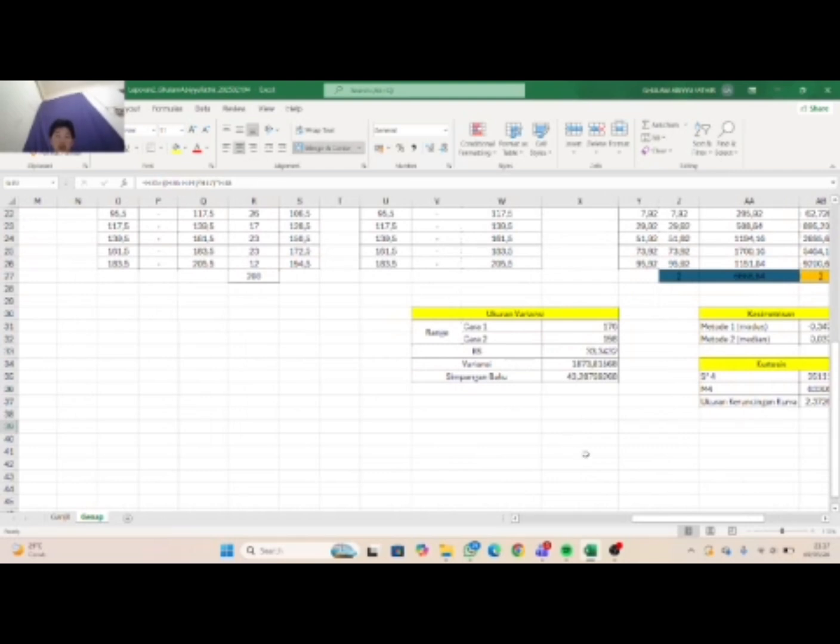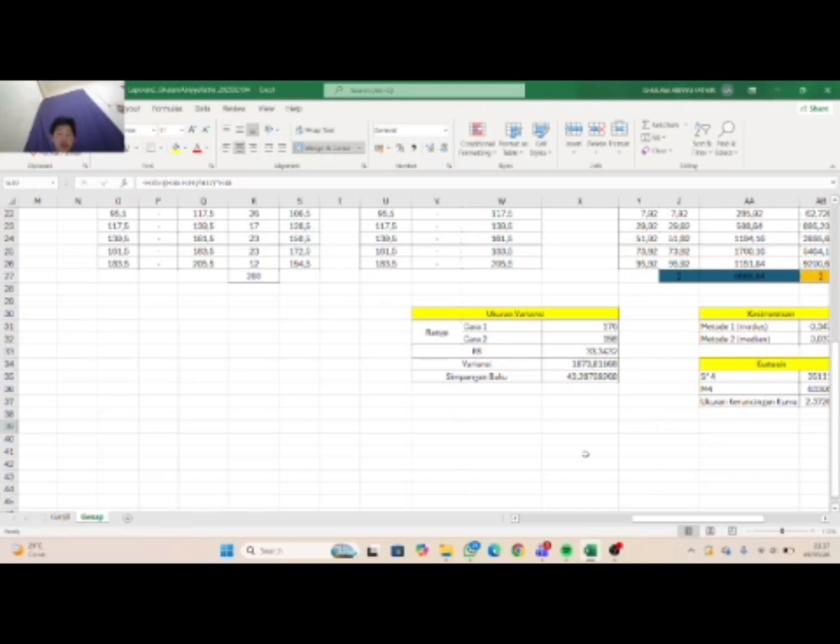And next, I calculate the mean deviation and variance. In this section, I find the difference between the midpoint and the mean. Then the absolute value of the difference is multiplied by frequency. The results are summed to obtain the mean deviation. Meanwhile, the variance is calculated using the squared difference between the midpoint and the mean multiplied by the frequency.